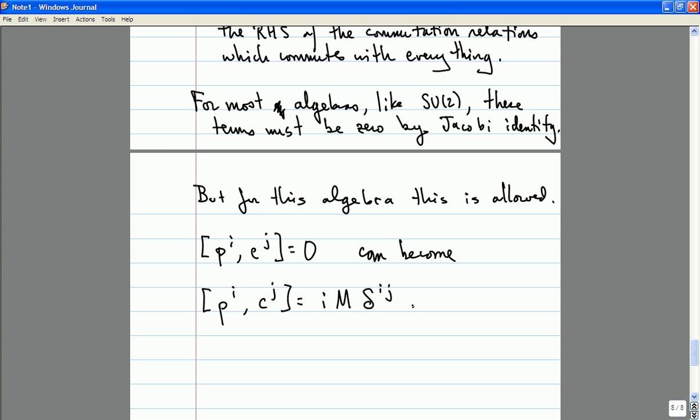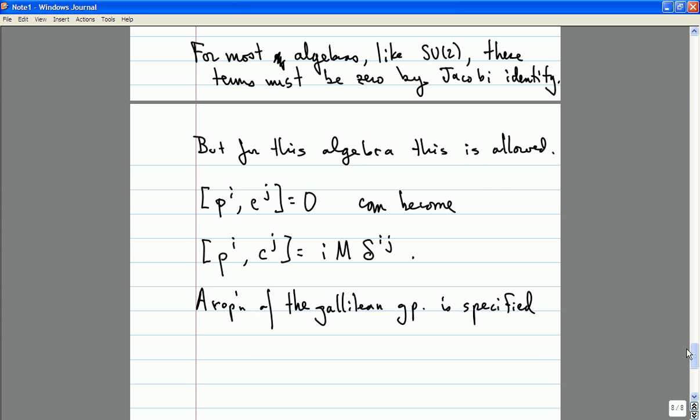So what that means is that a representation of the Galilean group is specified not just by a spin, but also by a number called M.